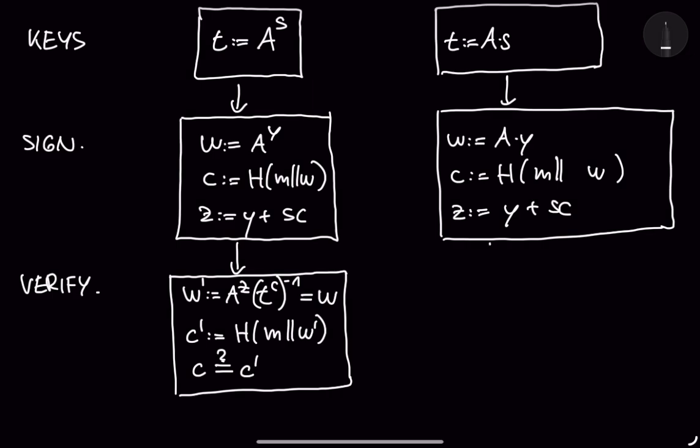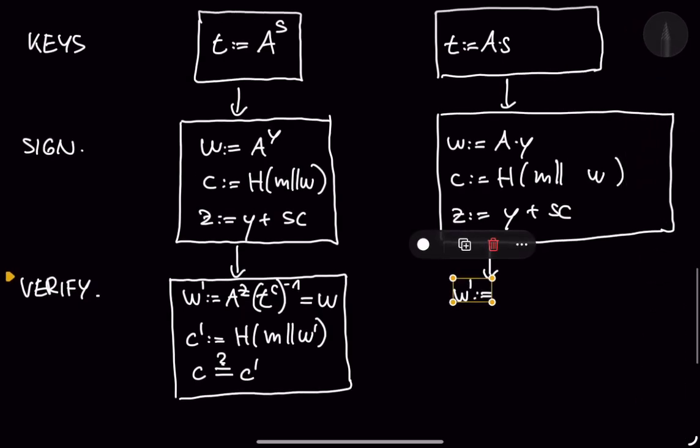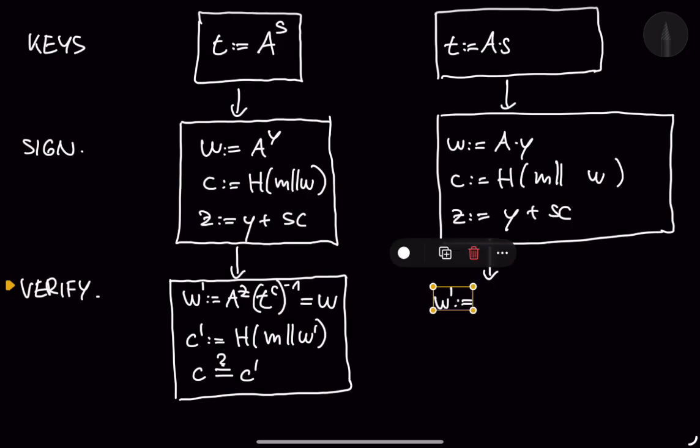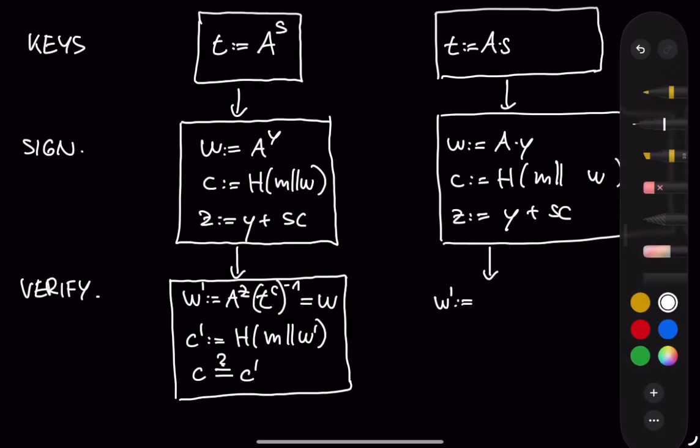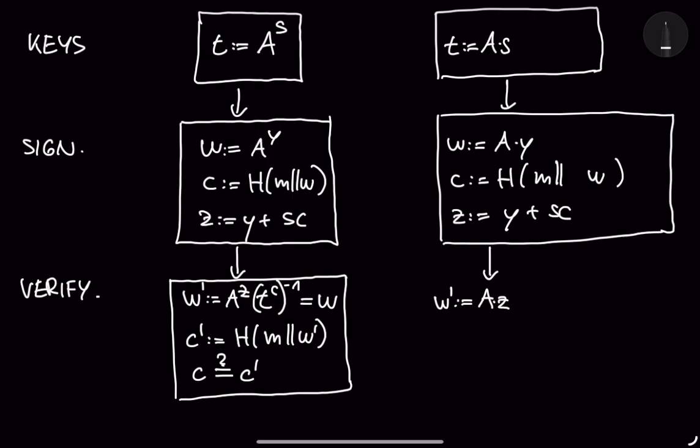And with the verification, we think about this. So the W prime computed on the left hand side was A to the power of Z, which is replaced by A times Z. And here it's getting a bit different, but not so much.